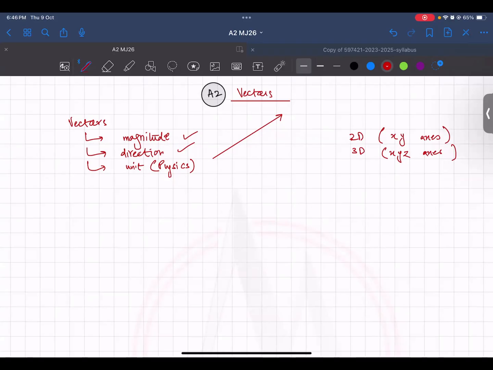So now you would have three coordinates that you would work with: x, y, and z. How much you have moved in the x, how much you have moved in the y, and in the z. So 2D, we know, is a simple Cartesian coordinate system, vertical and horizontal movement. These are the simple ones. We did this in the IGCSE as well. You work with how much you have moved in the x, how much you have moved in the y, and then you write it down.